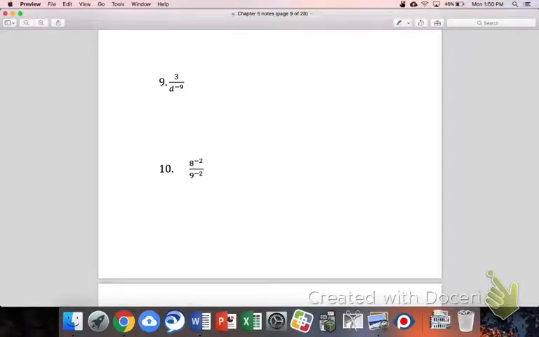So this would end up being 8 to the 2, 9 to the 2. The 8 would flip down, the 9 would flip up to the top. And then to finish this one out, we would simplify completely: 81/64. Okay. Basic examples with negative exponents.